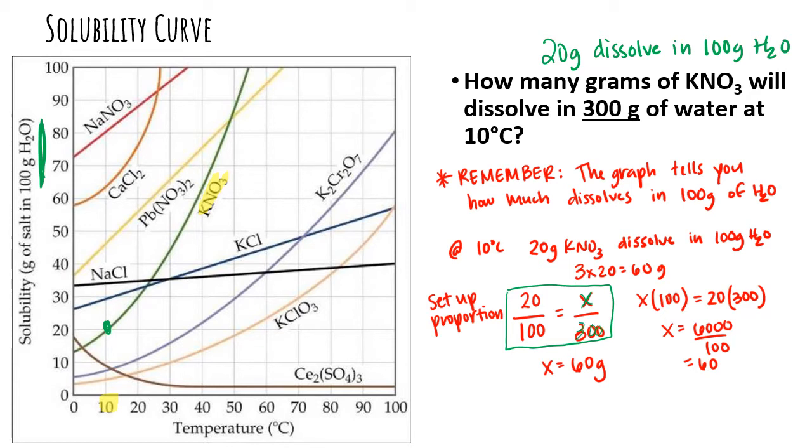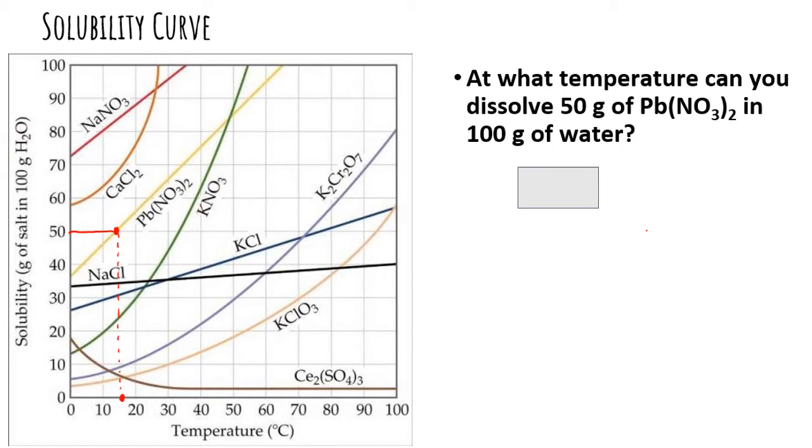So when I cross multiply, I get that X is 60 grams. Because it's very easy to see that 300 is 3 times 100, some of you might also be able for this particular problem to just say, okay, 300 is 3 times 100. So if 20 will dissolve in 100, 3 times 20 is 60. You can solve it either way.